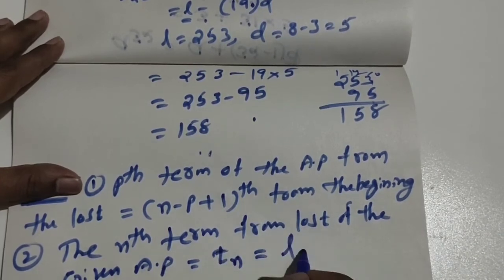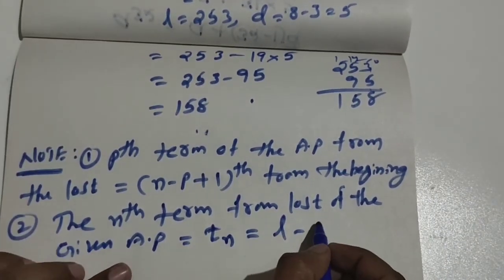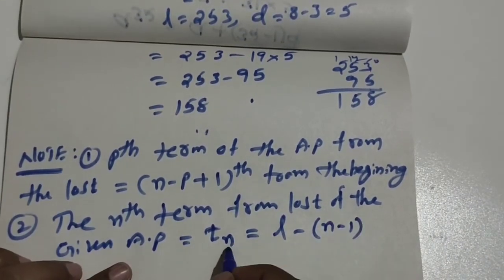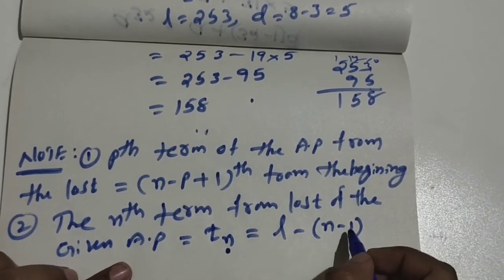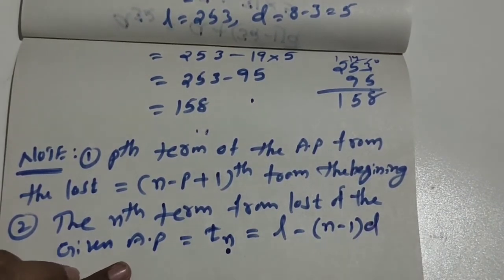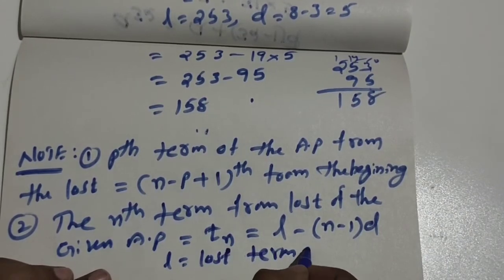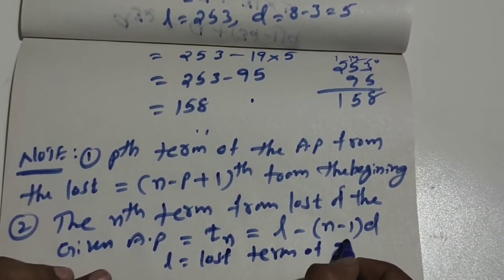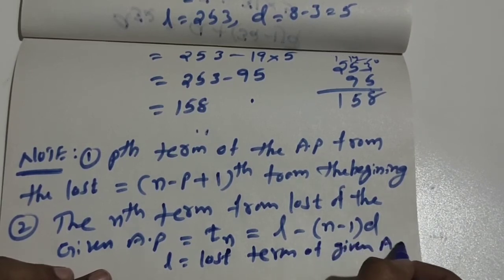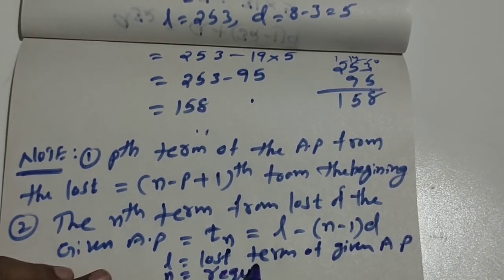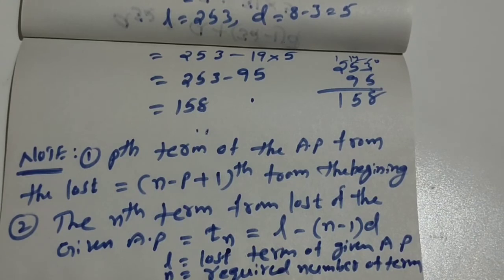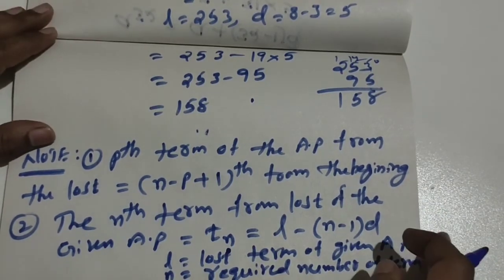Tn is equal to L minus (n minus 1) D. L is the last term of the given AP, n is the required number of a term, and D is the common difference. So by applying these two simple formulas, you can easily get these type of sums.